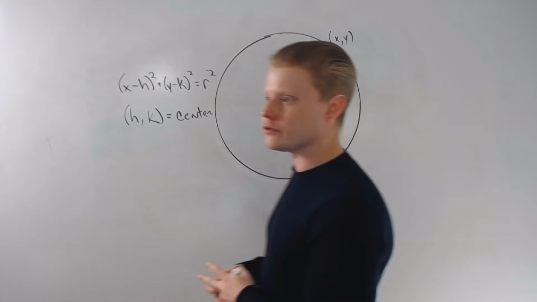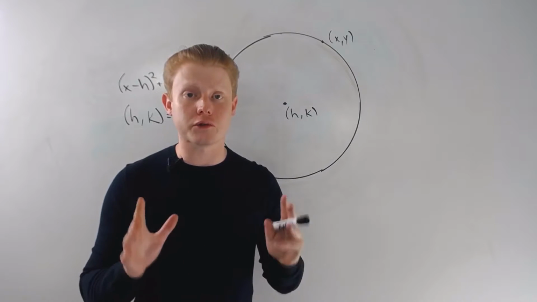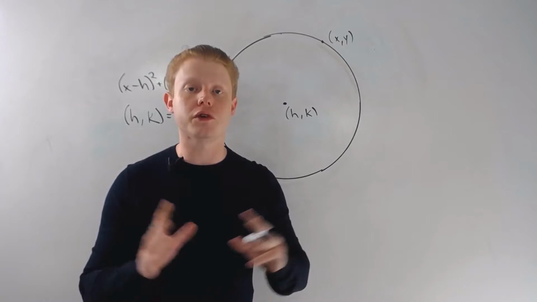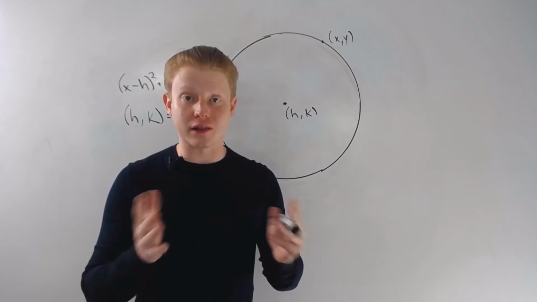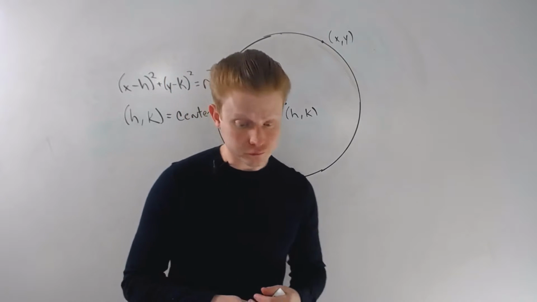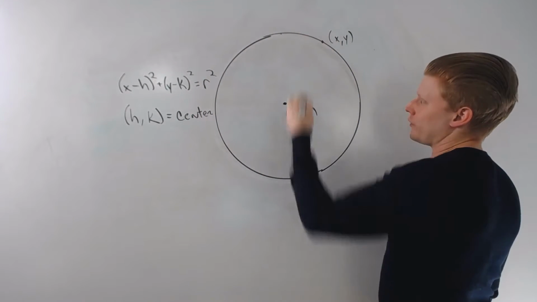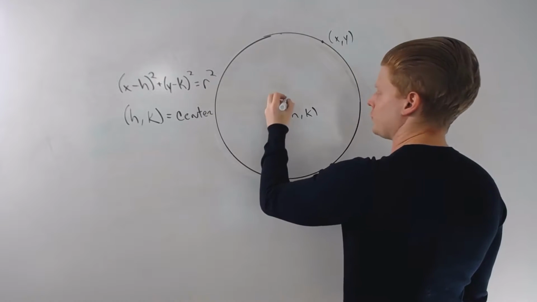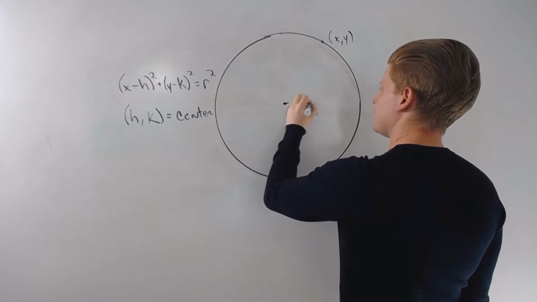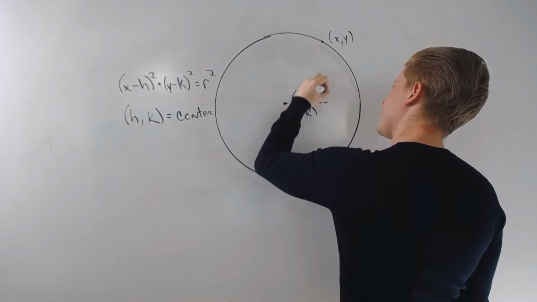If you watch my distance formula video, one of the things I talked a lot about was how the distance formula is really just the Pythagorean theorem. We're using the Pythagorean theorem, except that we have to find the length of the legs of the triangle because they're not given. It's the same thing here. h, k is our center. This is just some point on the edge, x, y, right? Well, x minus h, that's like this, and y minus k.